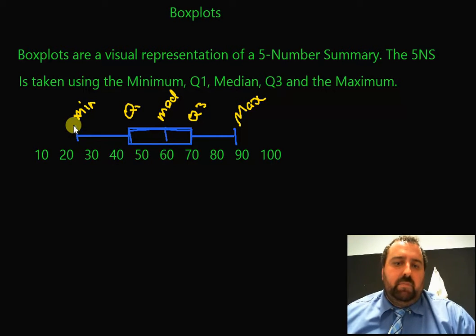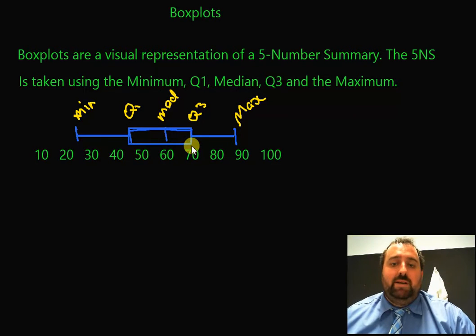So here, the minimum of this group of data would be at about 25. Q1 looks like it's maybe at 44, 45. The median's at 60, Q3 is at 70, and the max is probably at about 89. Now, the thing you'll notice here is my number line, like our graph, our number line must be linear.